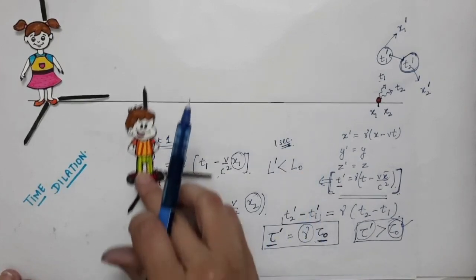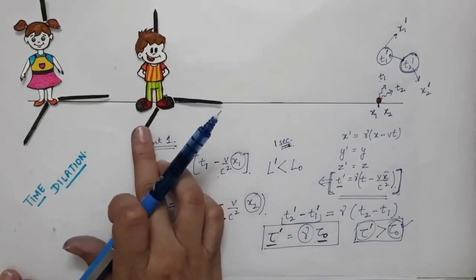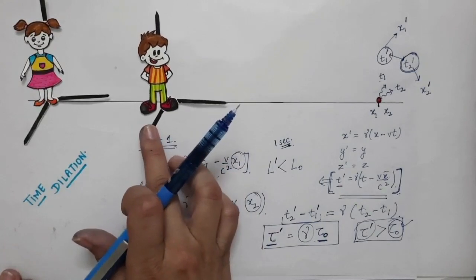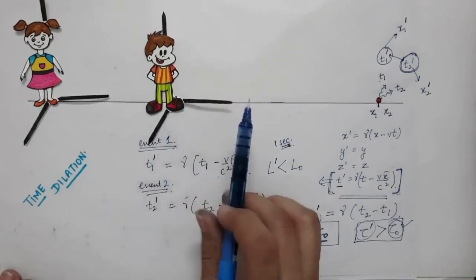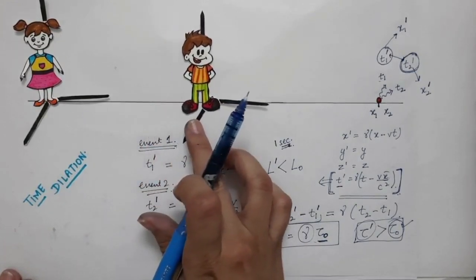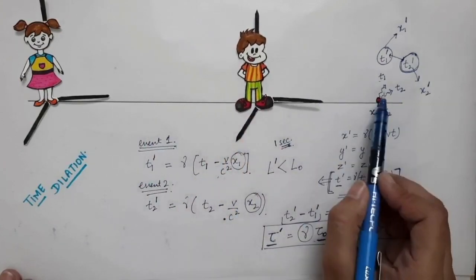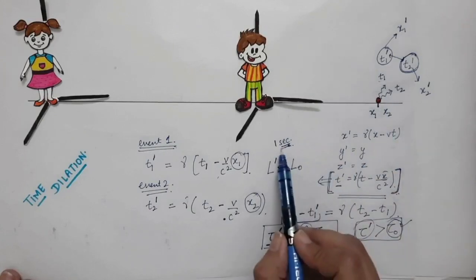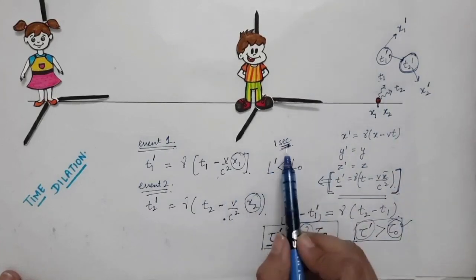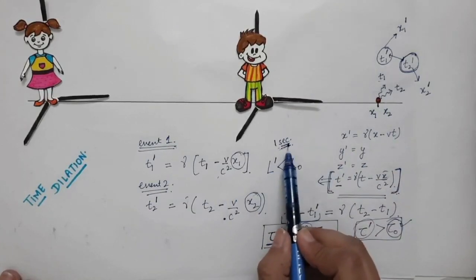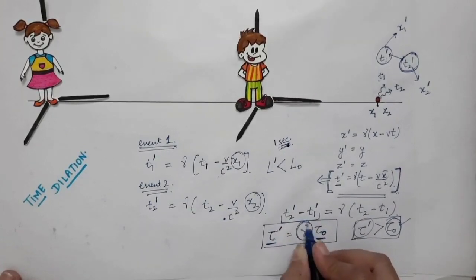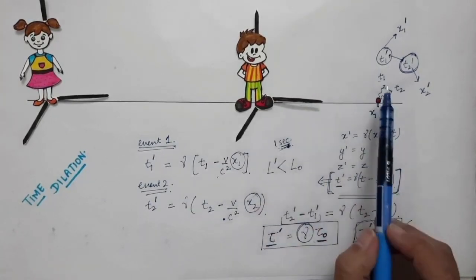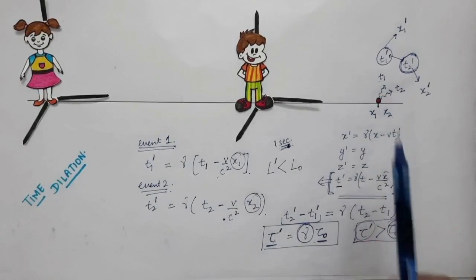So when your friend, who is moving with respect to you, observes the time interval between the same two events, he will observe that it is greater than 1 second by a factor of gamma. So according to him, between the same two events, the time has increased.